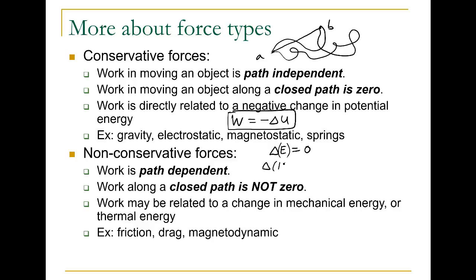So if we add kinetic, K, and potential, U, that's equal to 0, which means that delta K plus delta U is equal to 0. And we know that delta K is equal to negative delta U. But from the work-energy theorem, delta K is also work.